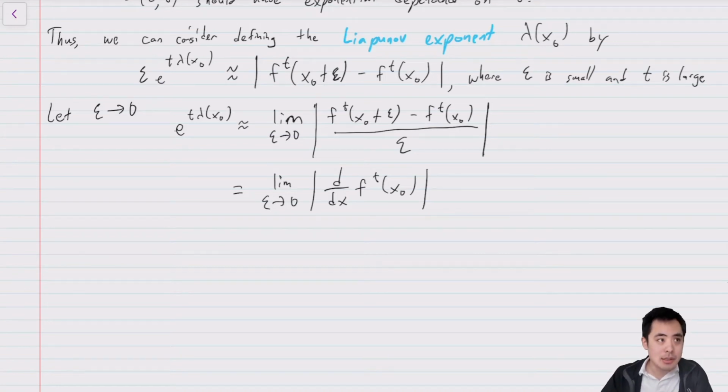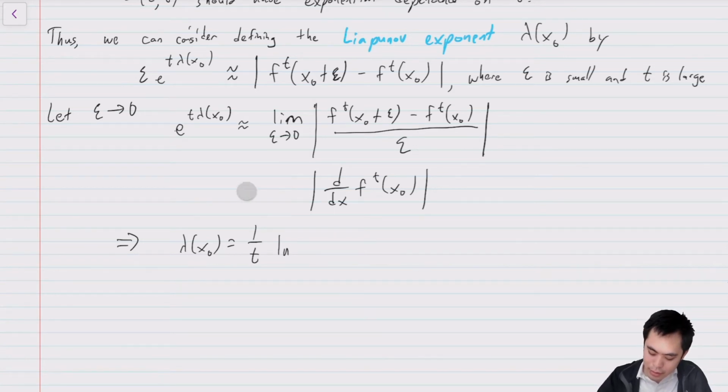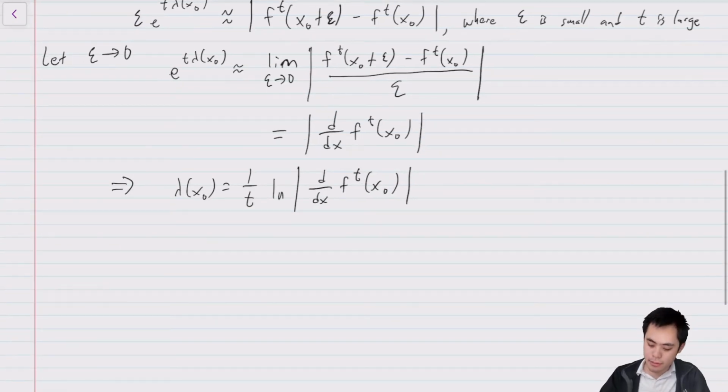Which implies that lambda of x naught is equal to 1 over t times the natural logarithm. I didn't need that limit there anymore. Times the natural logarithm of d dx of f to the t of x naught, which is equal to 1 over t times the natural logarithm.